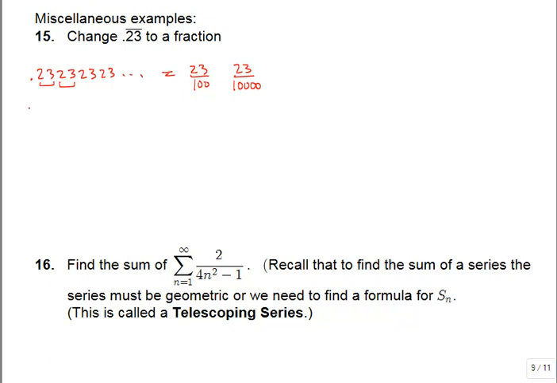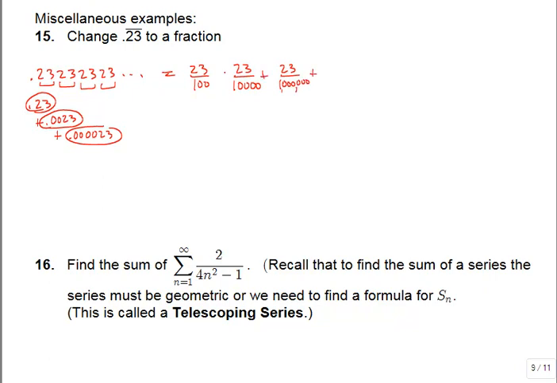So really what we're doing is taking 0.23 and then we're going to add to it 0.0023 and then we're going to add to it 0.000023. So each time we're adding on the next set of 23s. So this 23 is 23 100ths. This 23 is 23 10,000ths. This 23 would be 23 1,000,000ths. And so on.